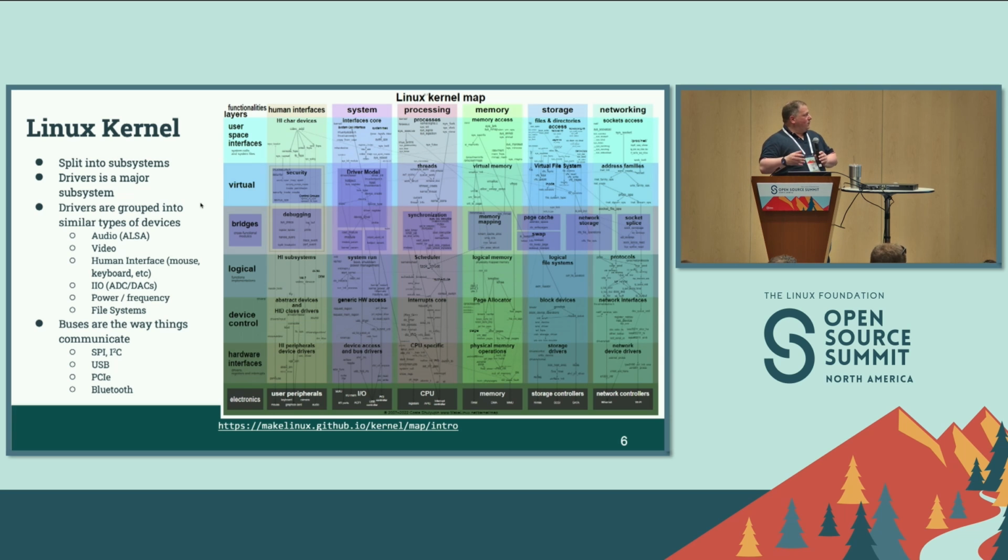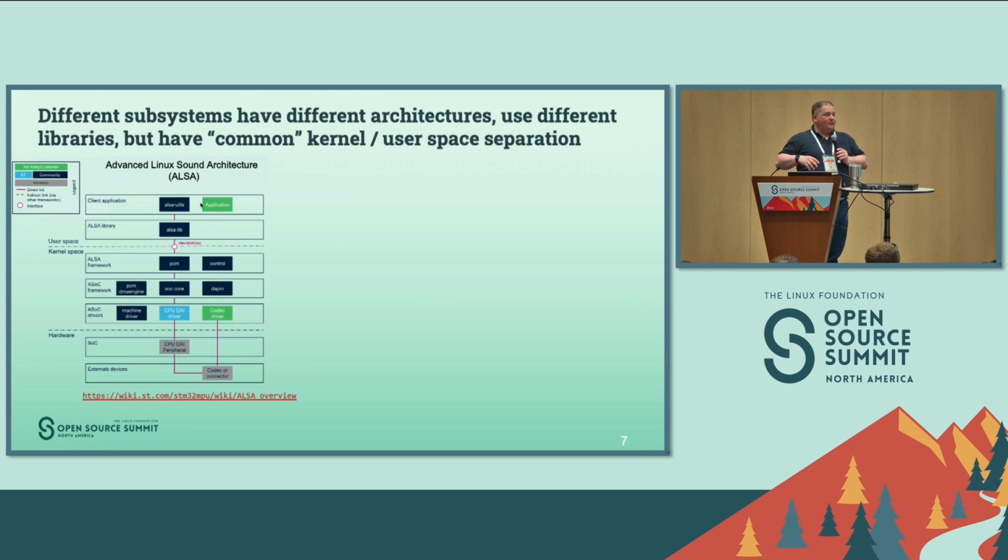And IIO, or the Industrial Input-Output Framework, is just another one of those frameworks inside the Linux kernel. Just like audio is, just like video is, just like PCI or power, frequency, file systems. All of those have their own separate subsystem and their own separate development teams. And that's what we'll go through.